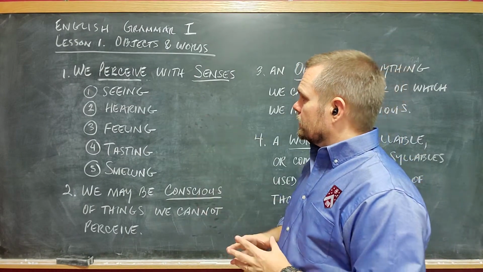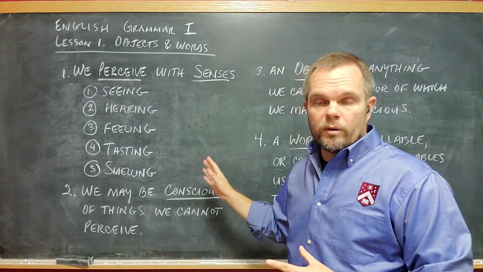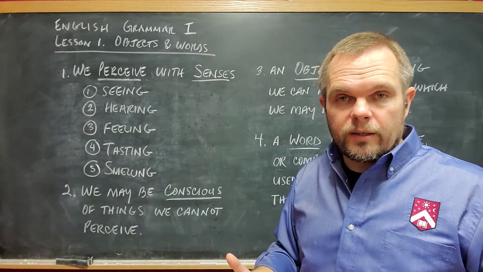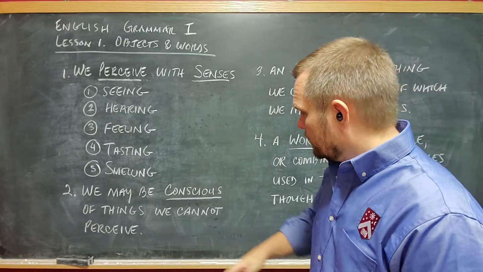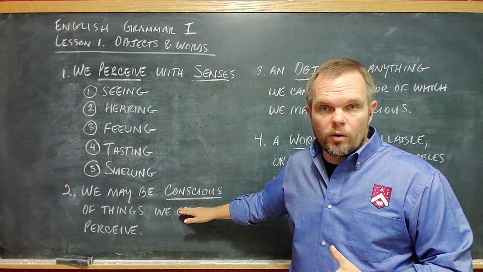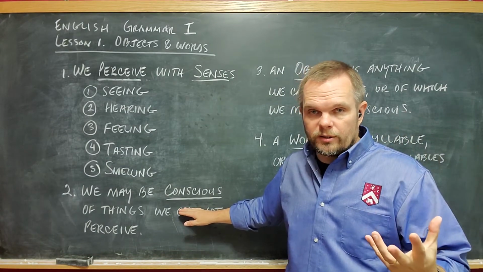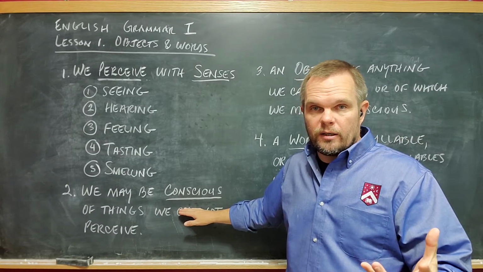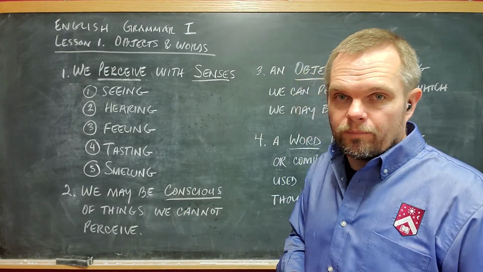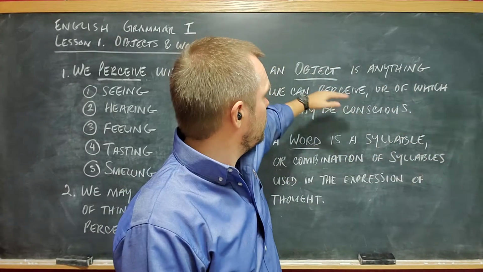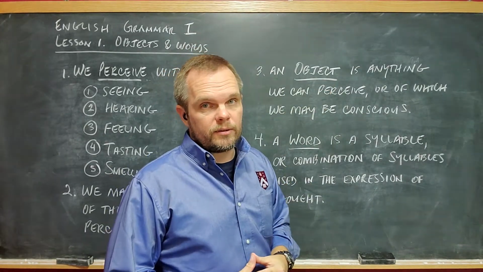In our first lesson, we learned some very important things to help us get started in English grammar. We learned that anything we can know, or anything that we do know, we may be conscious of, or we are conscious of anything that we can know. And the things that we know are called objects.